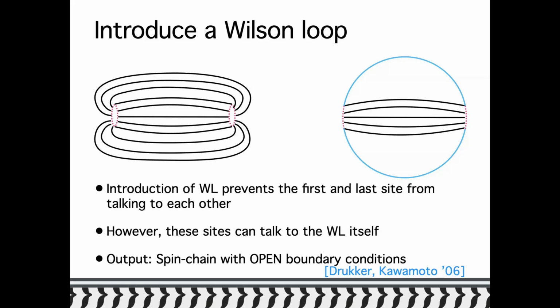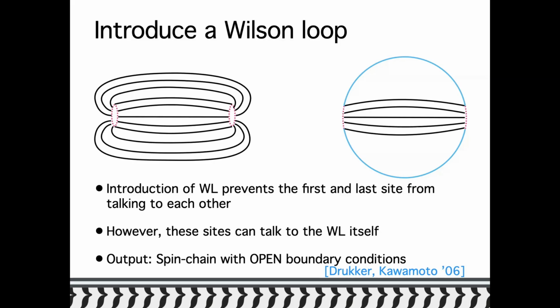But that changes when we have a Wilson loop. Essentially, when we have a Wilson loop, the first element of the insertion cannot talk to the last element of the insertion. It cannot talk because there is a Wilson line in between, right?